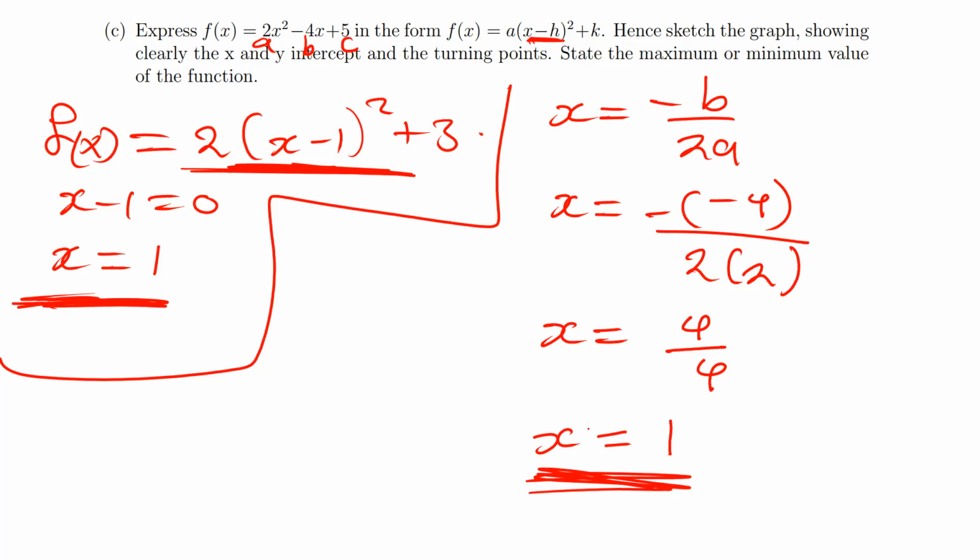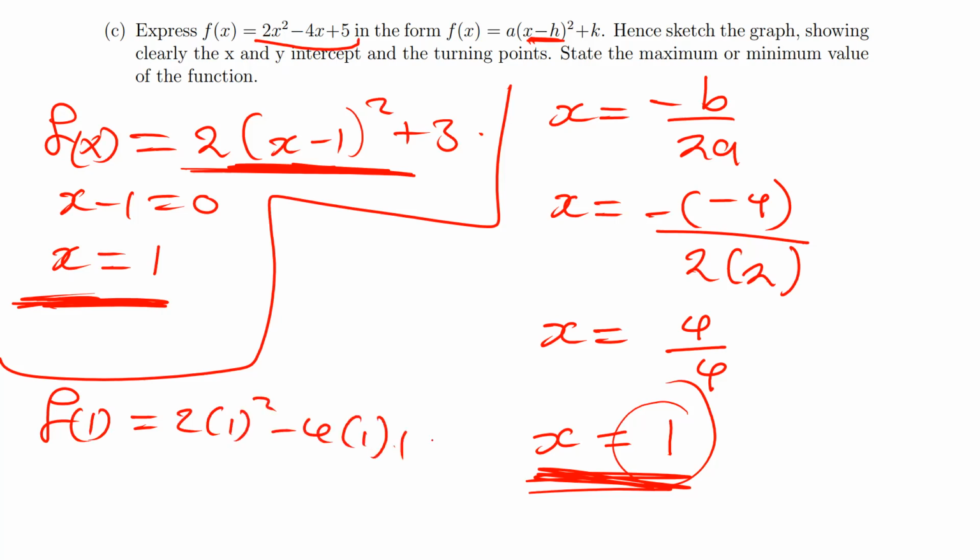Yes, so it will only help you to find the value of x at the turning point. After finding this, to find the value of y at the turning point, you simply replace this same value in the main equation that you've been given. If you find f of 1 for this equation, you have 2 times 1 squared minus 4 times 1, then plus 5.